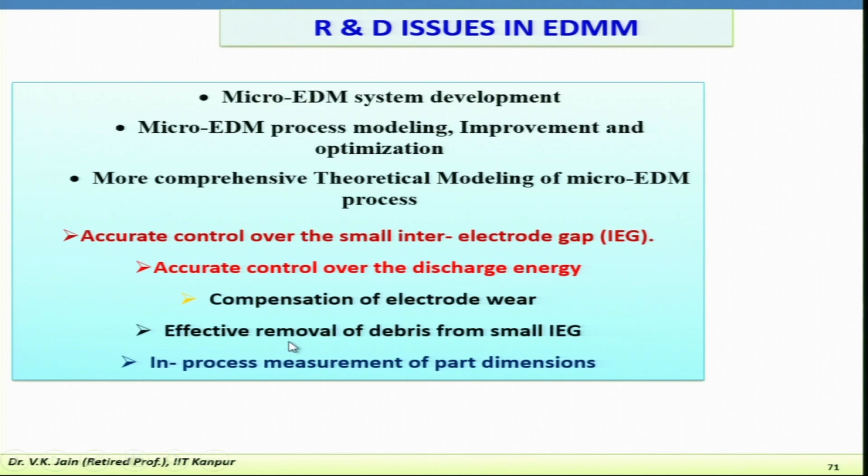Appropriate work has to be done in this direction, so that the reaction products and debris are removed from the inter-electrode gap quite fast. In-process measurement of part dimensions is another new area. If you can measure the part dimensions on the machine or in process, then you will be able to control the process in a better way, and better dimensions and accuracy will be obtained for the machined component.